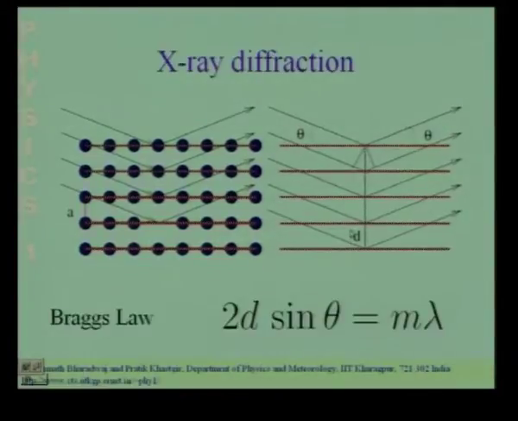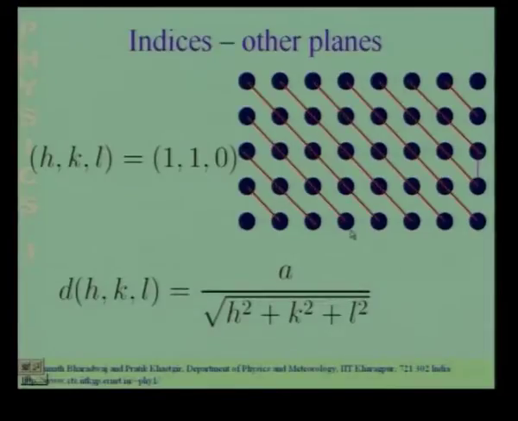So, let me show you another example. Through the same crystal, now I have drawn these planes at 45 degrees. These planes also go through atoms, so the arrangement of atoms looks the same on these planes, and these planes have Miller indices 1, 1, 0, because that is where they intersect the x and y axis; they do not intersect the z axis at all.